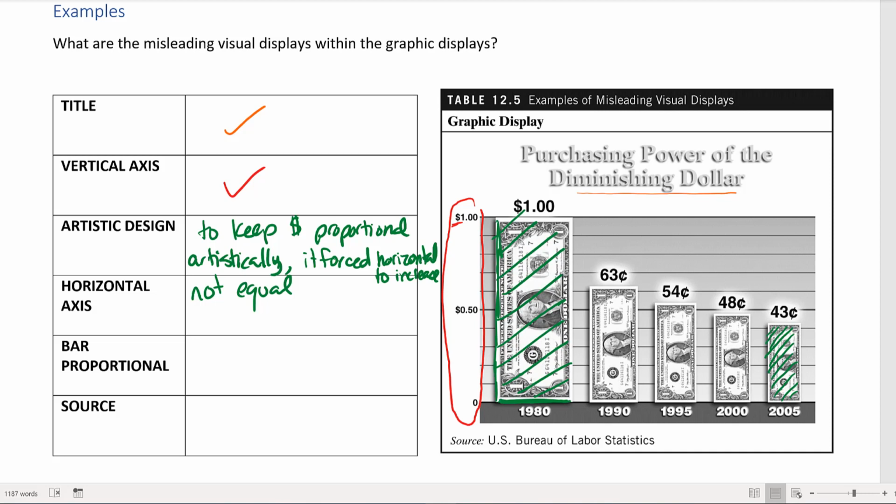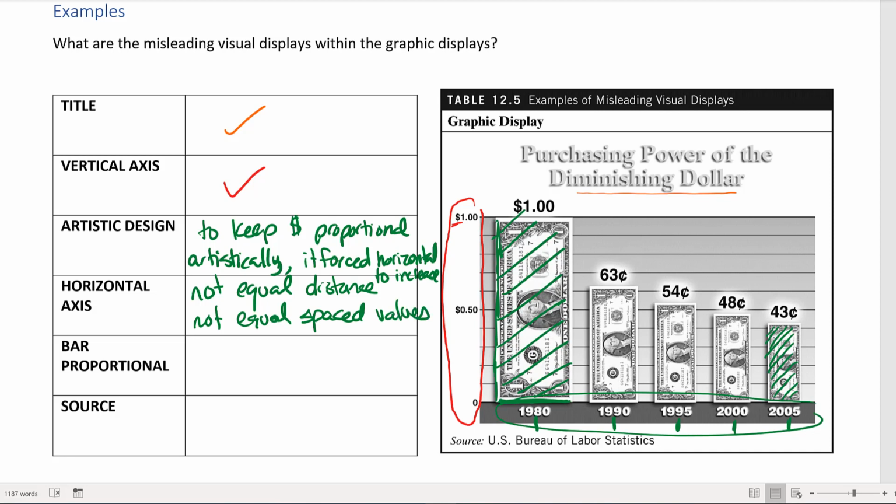Because the horizontal axis is not consistent, 180 and 190, that's 10 years apart, and then look at this, we have now 5 years apart. These aren't actually equal distance, and they're not equally spaced values either.